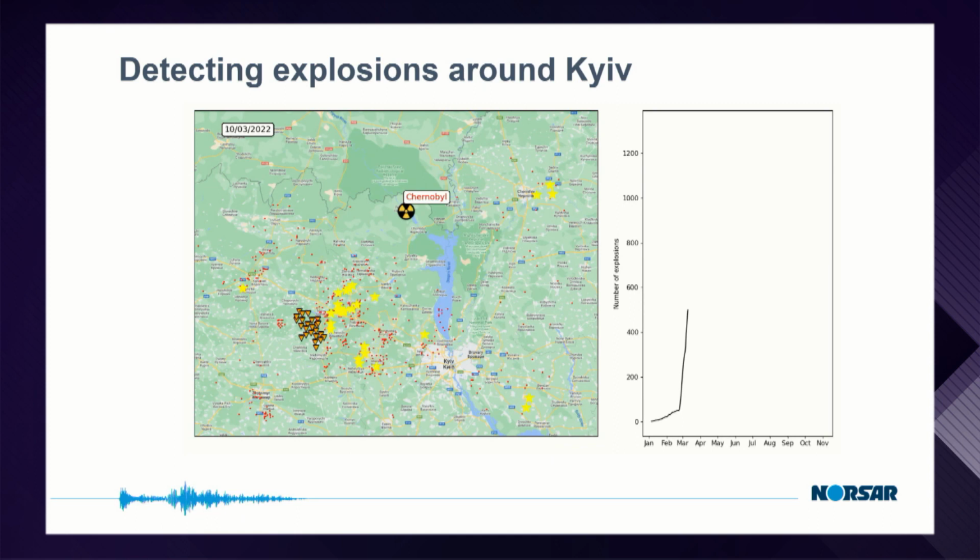And I'm sure from consuming the news, you do not see this level of detail of the sort of military attacks that are going on or have been going on in the Kiev region in Ukraine. So we went from about 2 explosions a day from mines and quarries up to about 28 explosions a day up till the 31st of March.